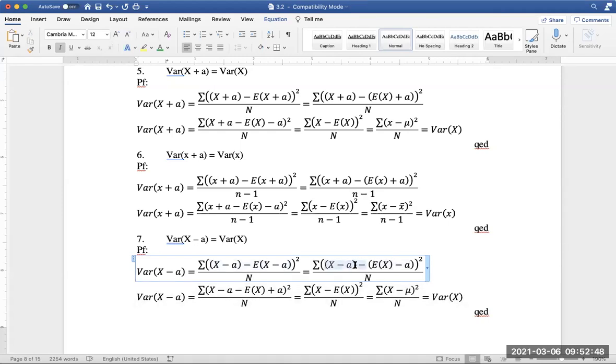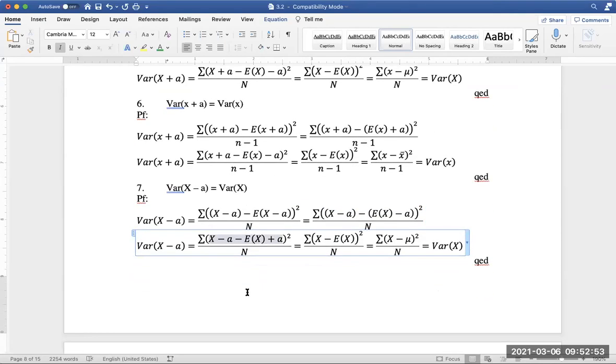Again, distributing the minus sign inside the parentheses, this is just minus expected value of x plus a. The a's cancel. So this is just x minus mu in the parentheses. And so we have that this is equal to the sum of x minus mu quantity squared over n. But again, that's just the variance of x.